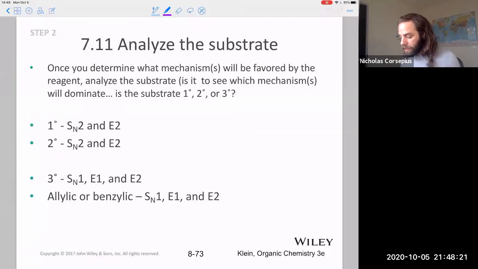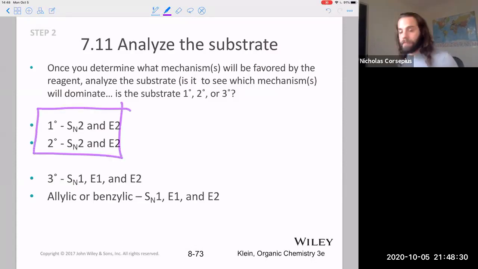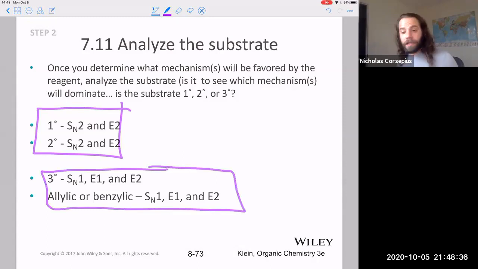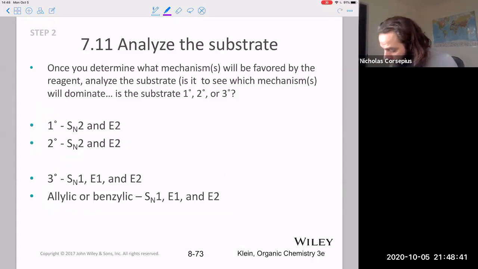So let's put together this cheat sheet. What you want to do is have in your mind two different groups. Primary and secondary alkyl halides are going to be lumped together, and then tertiary and those allylic and benzylic ones are going to be lumped together. Primary and secondary are going to undergo SN2 and E2 only.